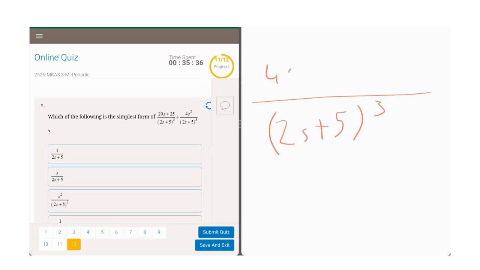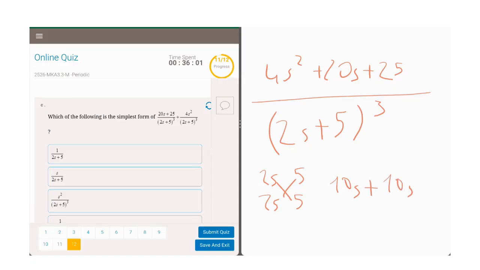So we'll have 4s squared first, followed by 20s, followed by just 25. Now we factor using the box method, because we don't have any common factor to factor out first. So we have 4s squared, we'll try 2s and 2s, and we'll also try 5 and 5. Cross multiply, you have 10s and 10s. You can add them both.